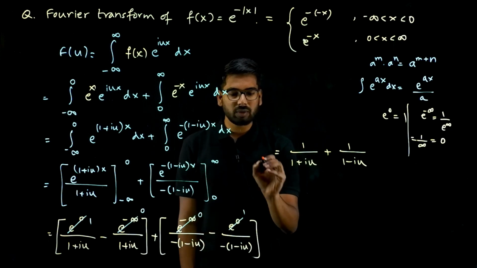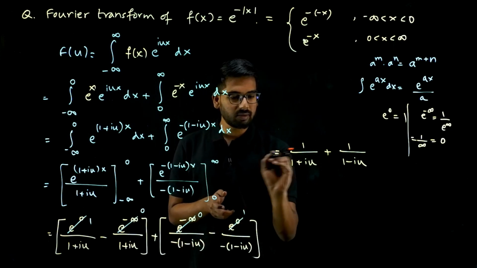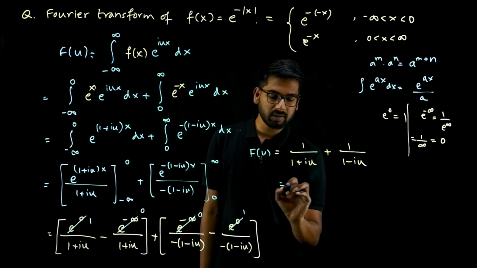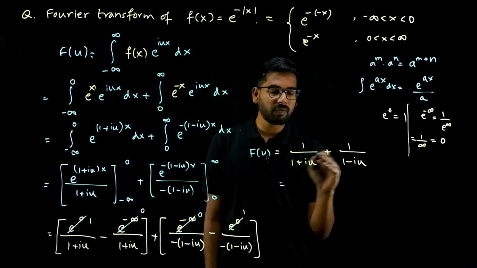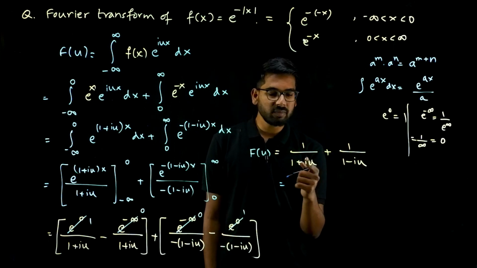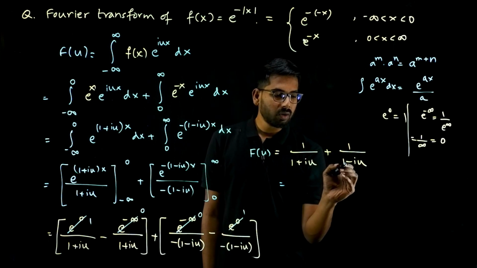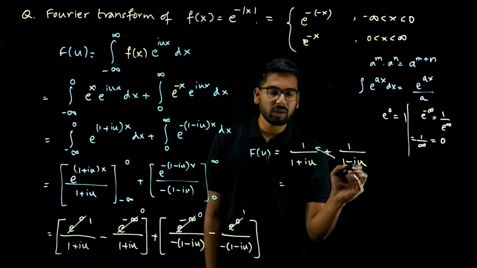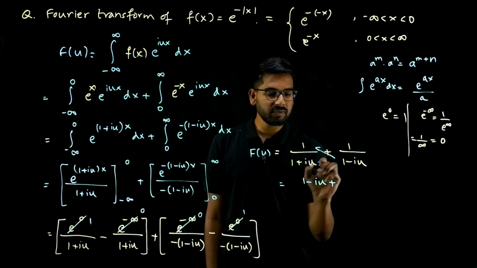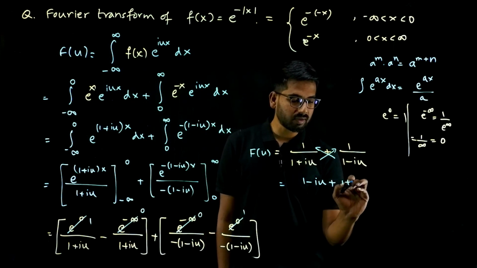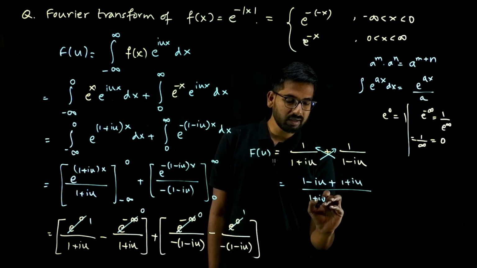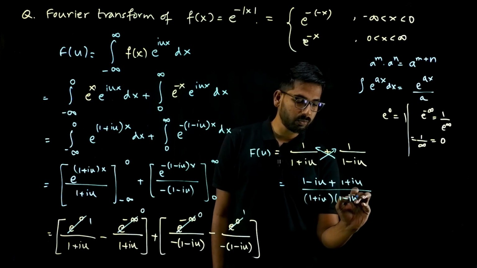I can leave F of u here, or I can simplify this further. How will I add these two? Cross multiplication, and the LCM is the product. So that will be 1 times 1 minus iu is 1 minus iu, plus 1 times 1 plus iu is 1 plus iu, over 1 plus iu times 1 minus iu.